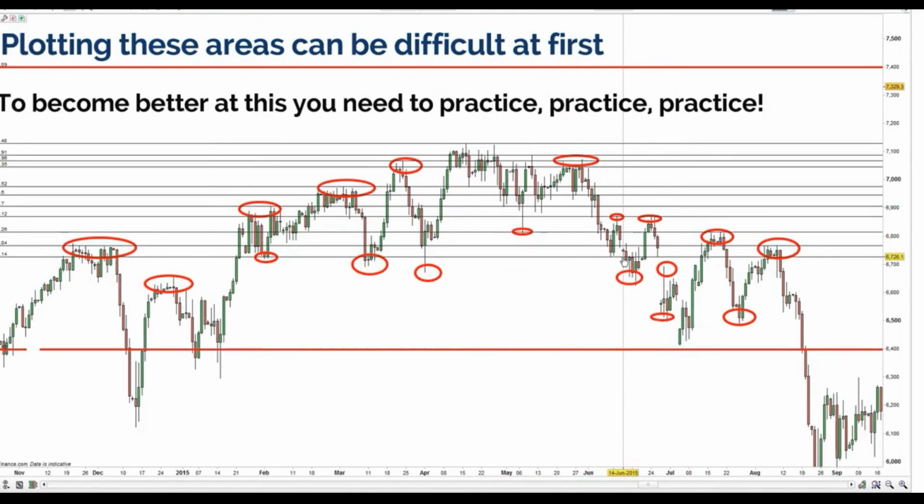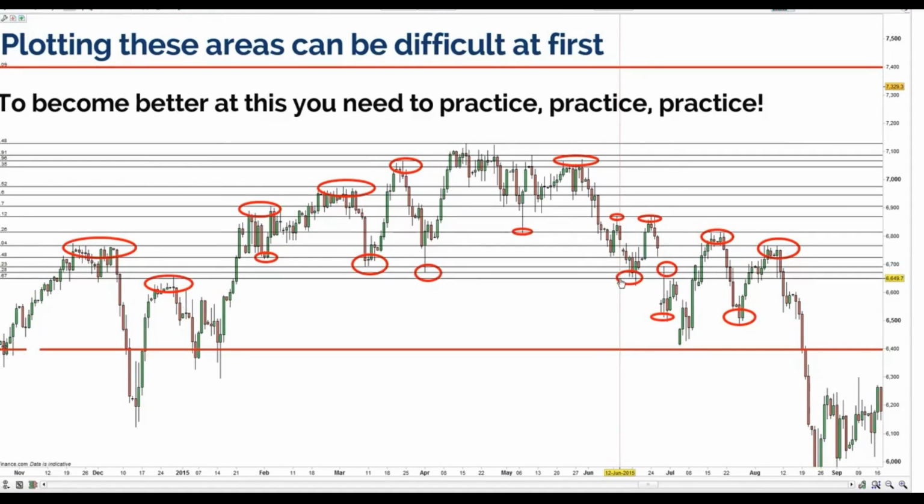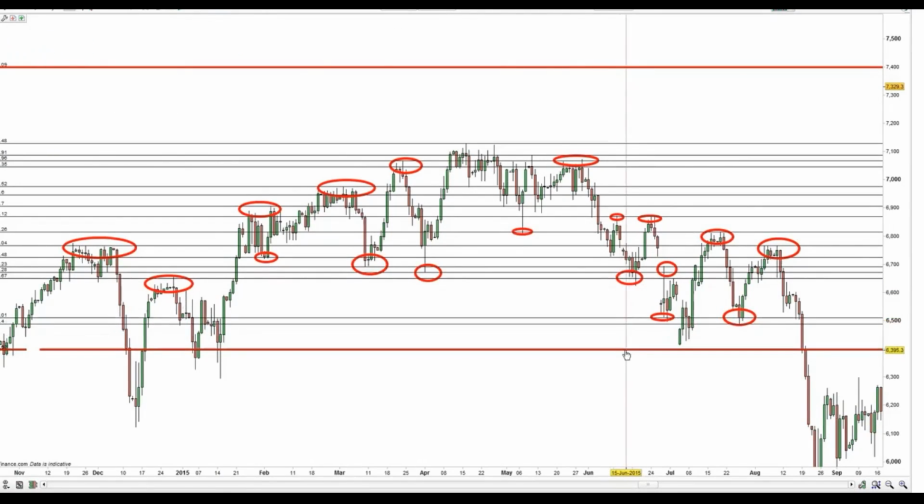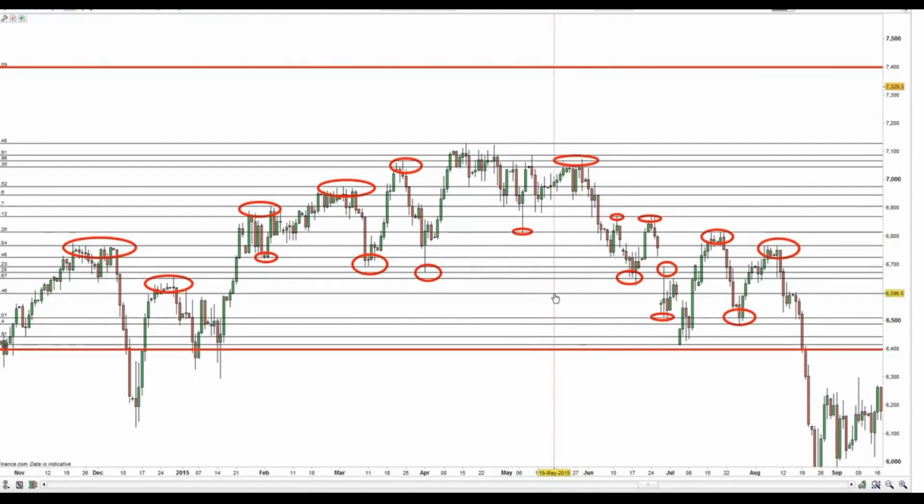And then we've got one down here to there, got another one here to there, and then we've got another one here to there, and then we've actually got another one here to there.